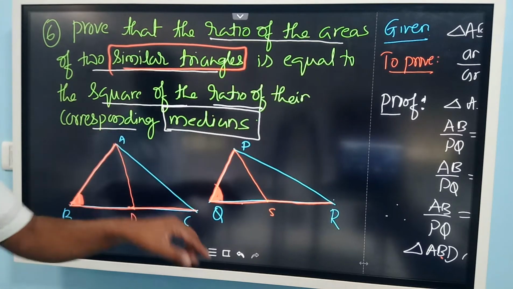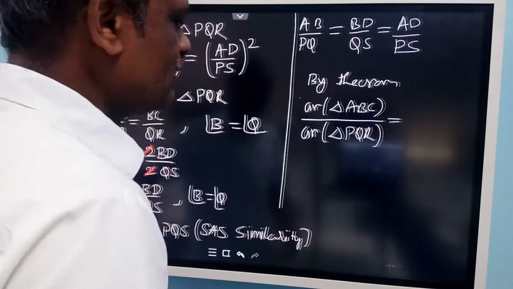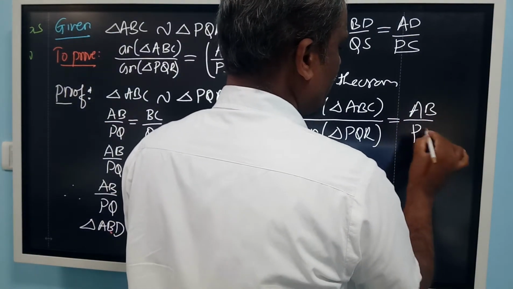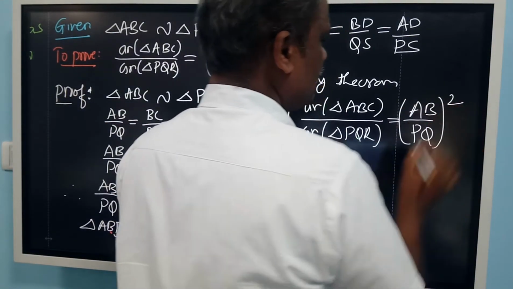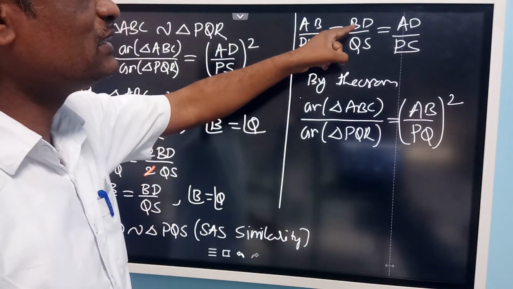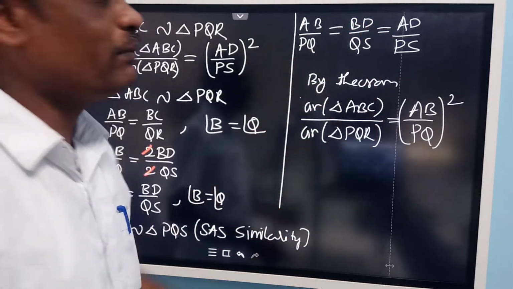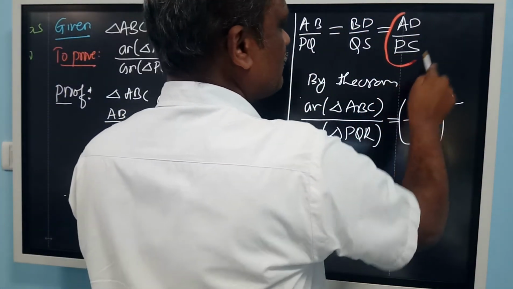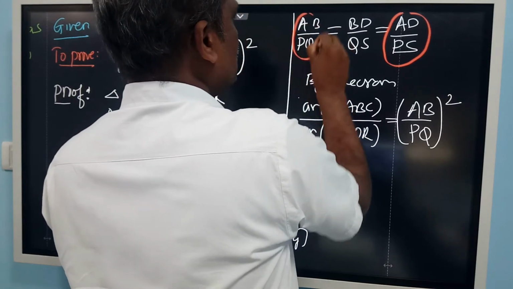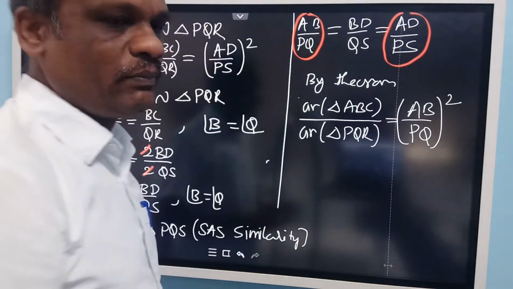I can take AB by PQ whole square. But AB by PQ is also equal to BD by QS, which is also equal to AD by PS, and these two are medians here. So in place of AB by PQ, you can write AD by PS.